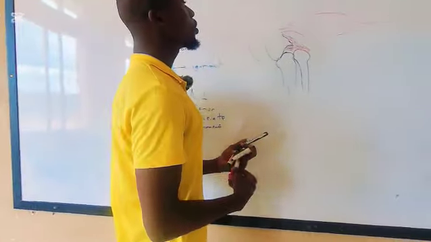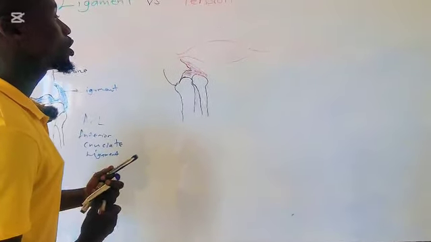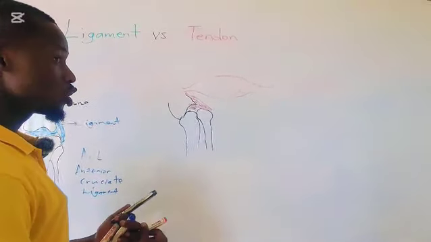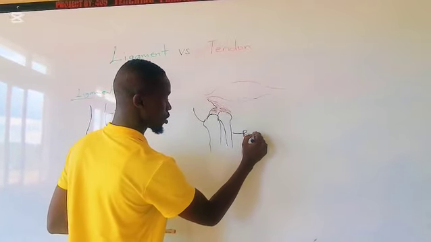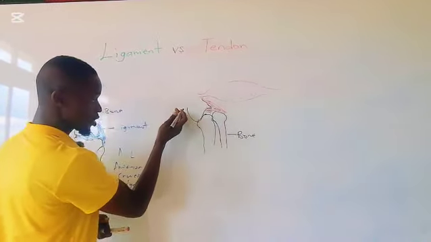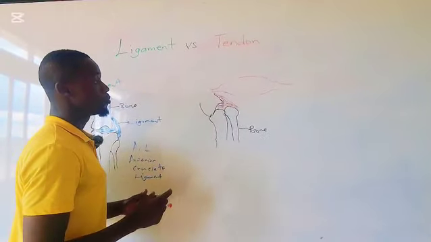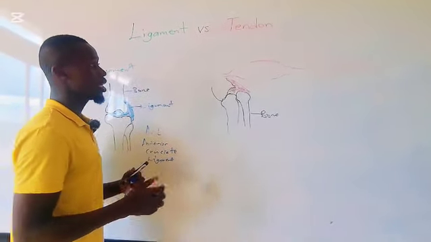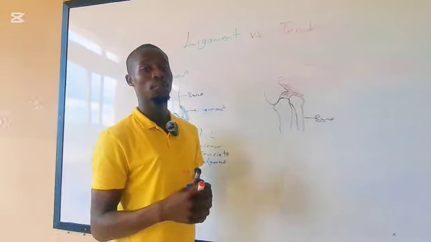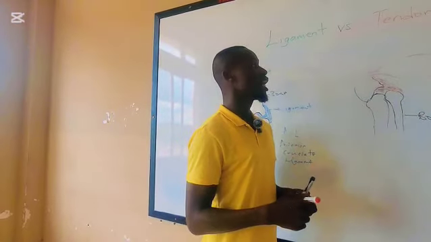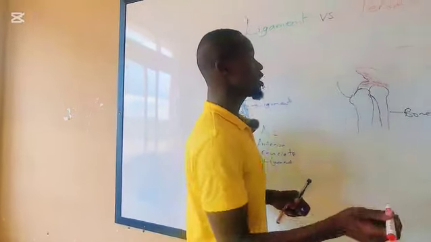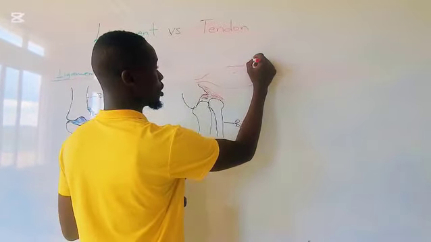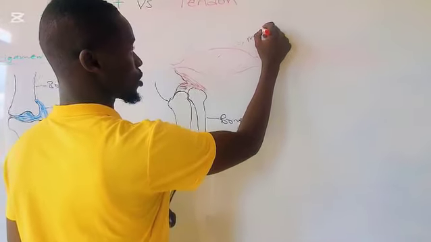Now let me move forward to this beautiful one called the tendon. Now the tendon, the same way, this is the bone, and this is also bone. Basically for tendon, on the other hand, tendon is a kind of connective tissue that connects the bone to muscles. So if you look at this structure here, this structure is a muscle.